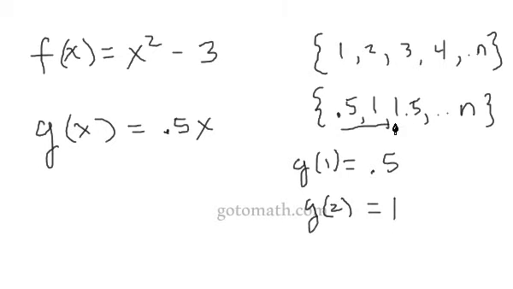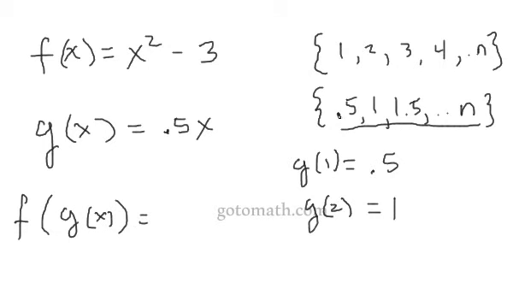So if this is the domain, then you can see that this function here is going to actually generate this domain. And then what you'll want to do is take these values and put them into this function here. So really what we're doing here is f composed of g of x, you see.